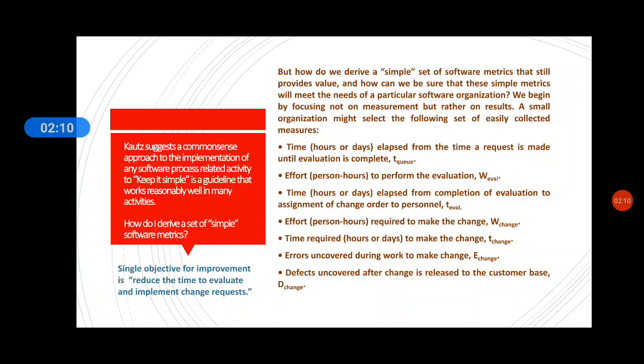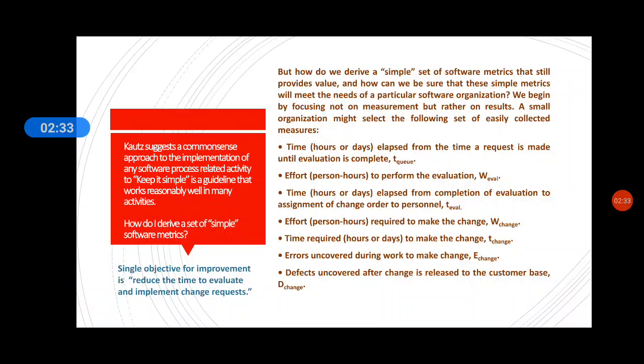The next measure is time. Whenever we come across time, it represents hours or days. The elapsed time from completion of evaluation to assignment of change order to personnel is represented by TEVAL.